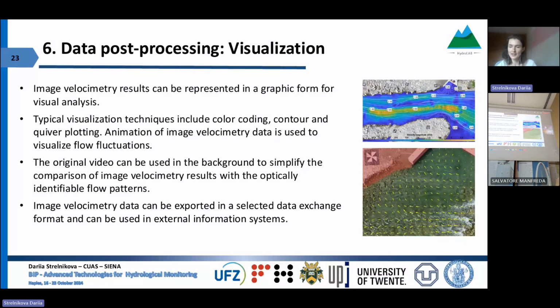When we see a picture, we can see right away, does this pattern make sense at all, especially if we combine it with the original video? What we can see with our eyes, do these vectors reflect it or not? So visualization, in my opinion, is a very important step when it's done properly, using color schemes, using the vector directions. This helps to make our research understandable and also to validate it.